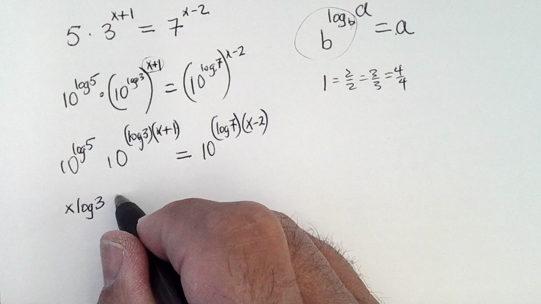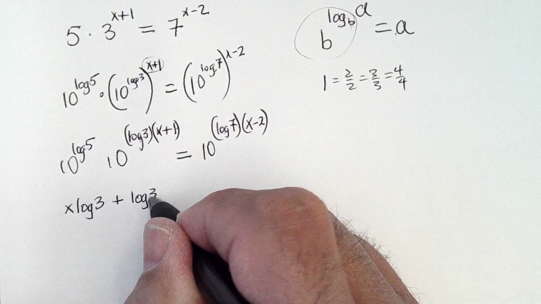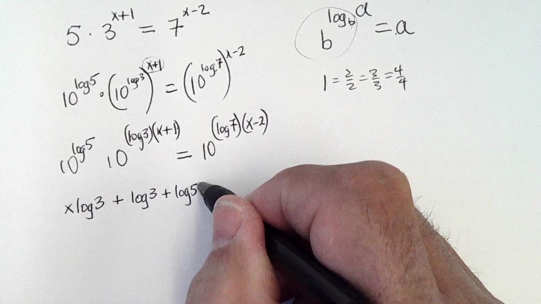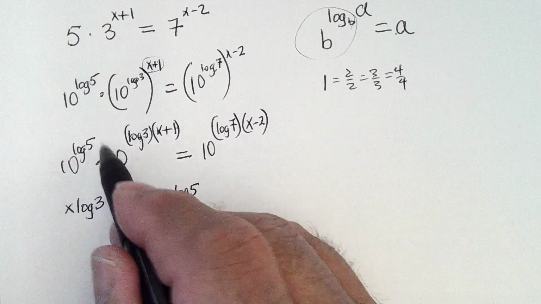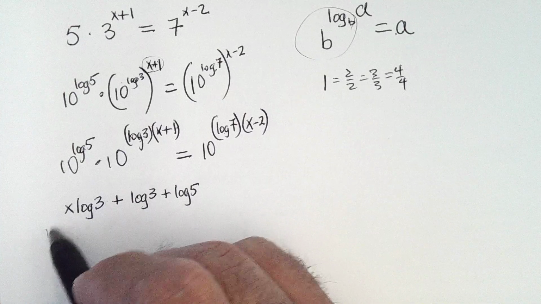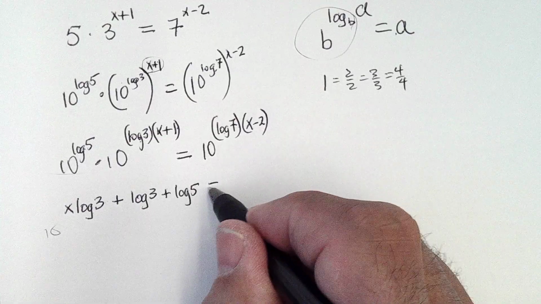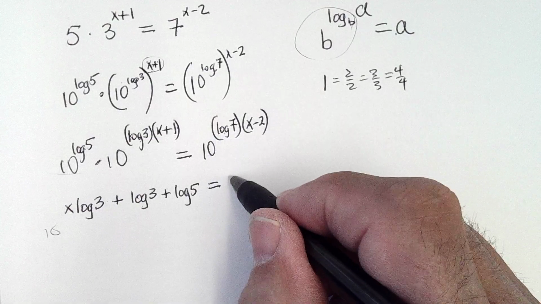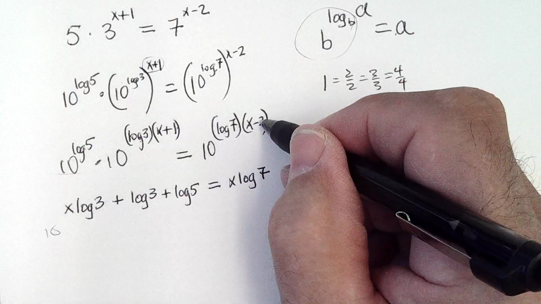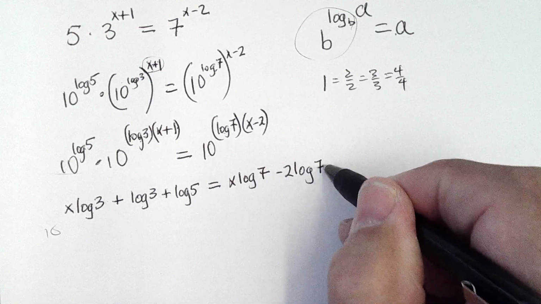And then I have plus log base 3 times 1 plus log of 5, because when you're multiplying, you add this to this, and that would be the power of 10 on this side, and the power of 10 on this side would be x times log 7, and log 7 times a minus 2, so minus 2 log 7.